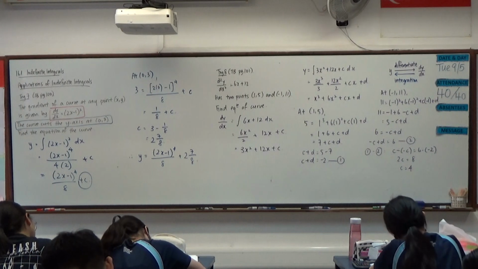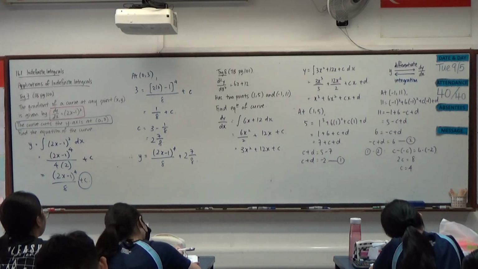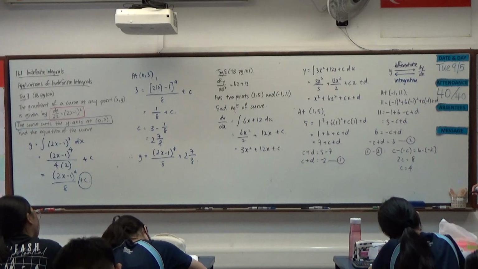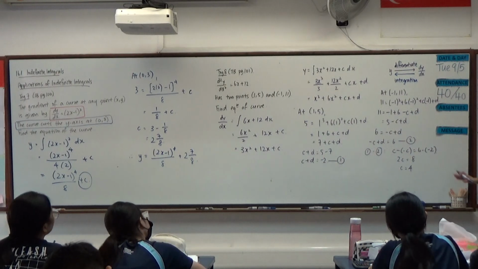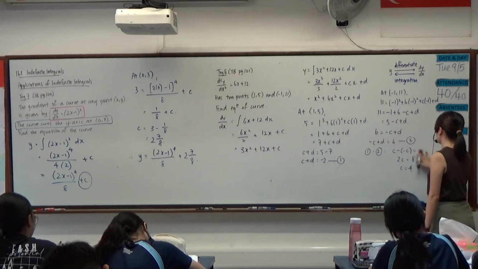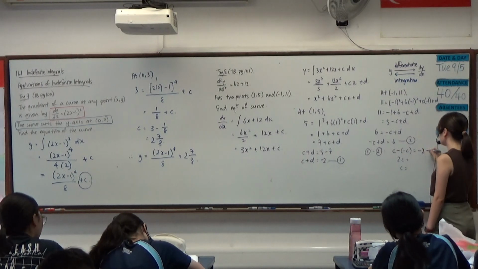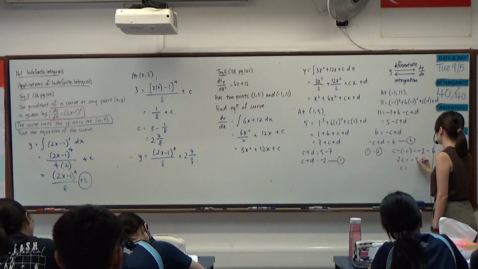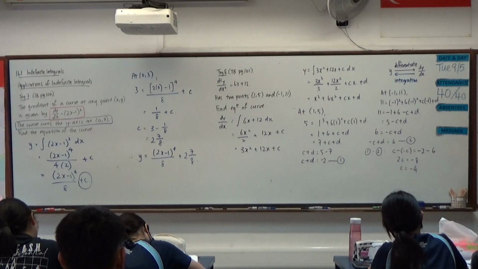Then we can find c equals 4. Negative 2 minus 6. c equals negative 4.